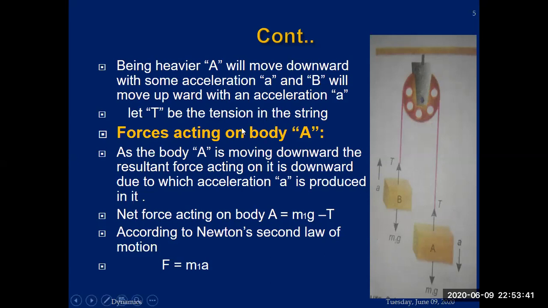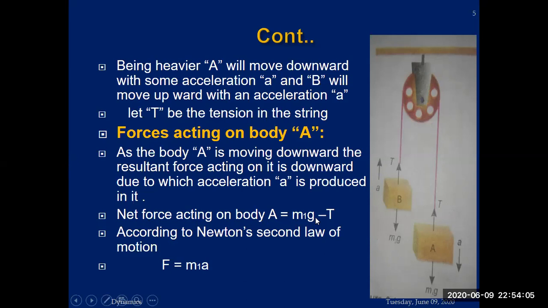So let's start. The forces acting on body A. As body A is moving in downward direction, the resultant force acting on it is downward, due to which acceleration is produced in it, because it's not free fall. If you look at the net force acting on body A, that will be m1g minus T. Why?